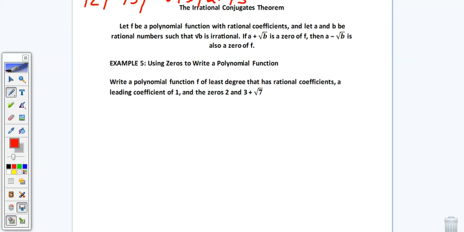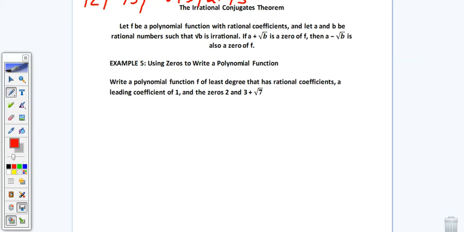If 12 plus the square root of 5 is one of the roots for your function, then the conjugate also has to be a root. So what's another root? Exactly, 12 minus the square root of 5.